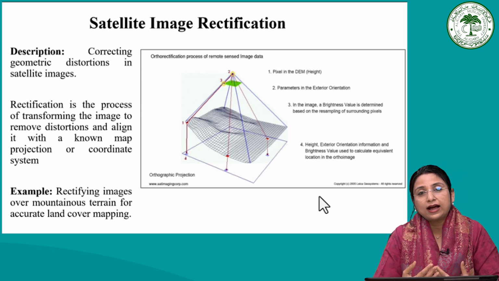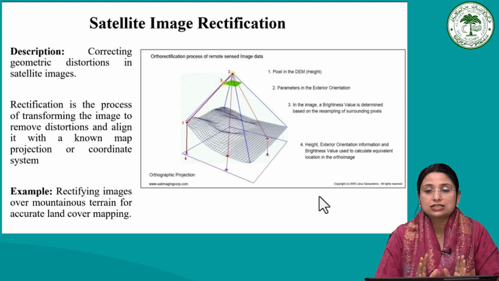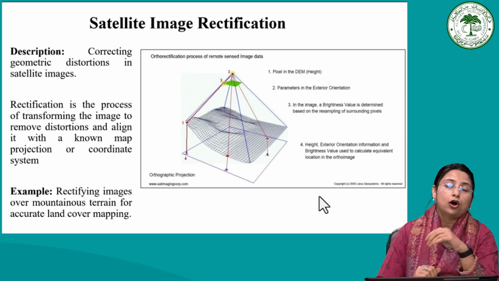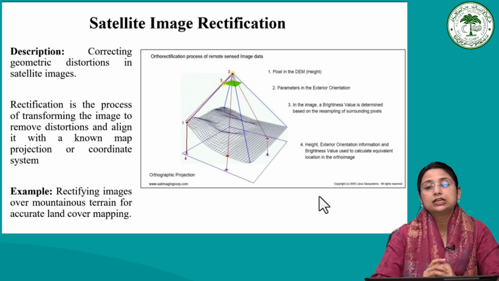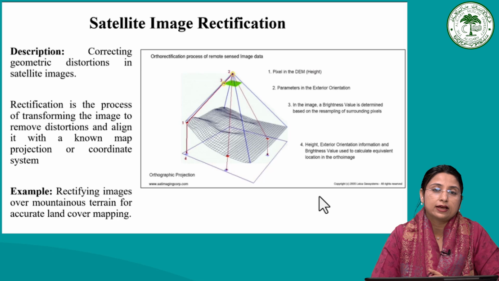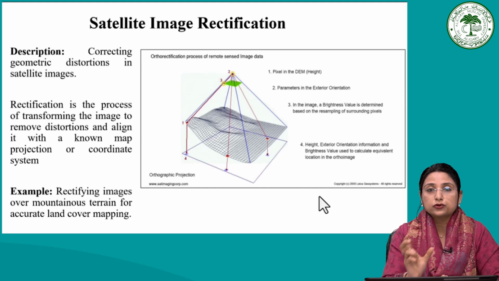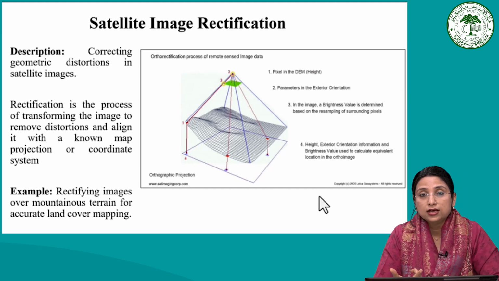There are many factors due to which these distortions take place, such as sensor position, the curvature of the earth's surface, and even the various terrain reliefs. When we are talking about satellite rectification, first you should understand what rectification is.